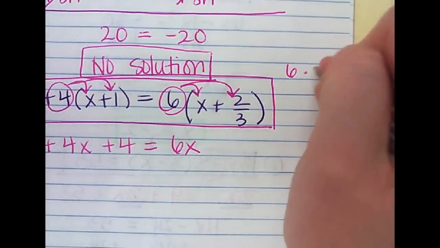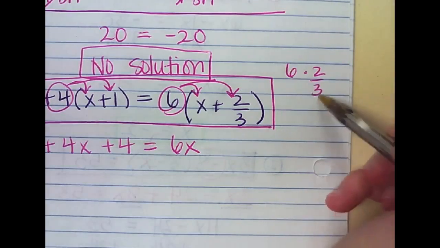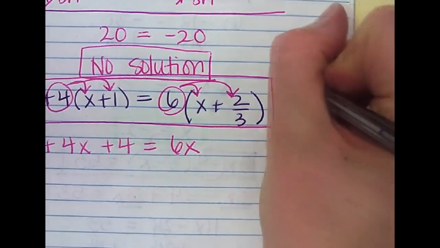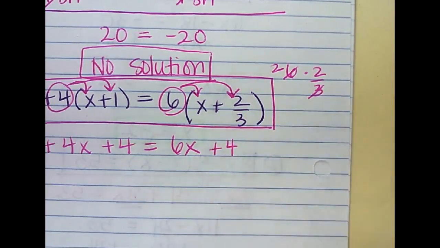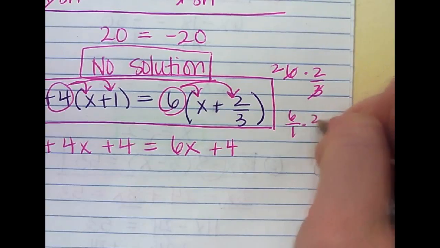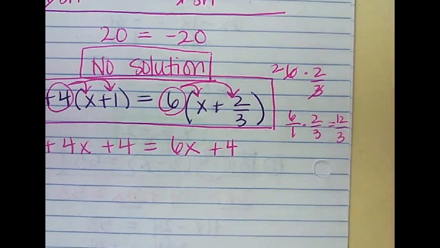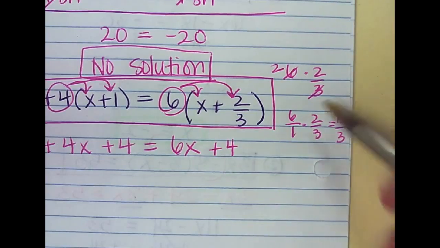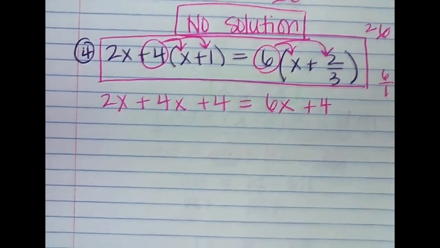I do 6 times 2/3, and then I see that the 6 and 3 can reduce. 3 goes into 6 2 times, so then I multiply 2 times 2 is 4. You could also do 6 over 1 times 2 over 3, multiply across, so 12 over 3, which also reduces to 4. So if that's stuff that you're having trouble with, make sure that you come and see me so you can work on that, especially if there's no calculator.